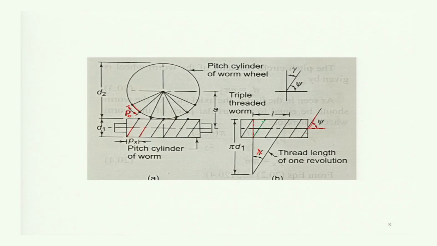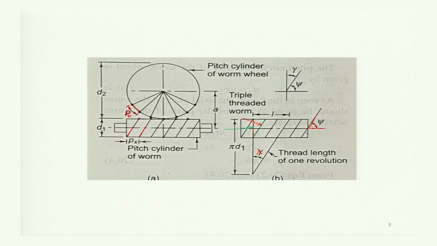So it is obvious that when the thread is perpendicular to the axis of rotation, then the Wn, the normal load which will act along the line of action or the pressure line from worm to gear or from gear to worm, would be perpendicular to this one, like this. But now as the thread is inclined by an angle lambda, the Wn will act in this way.